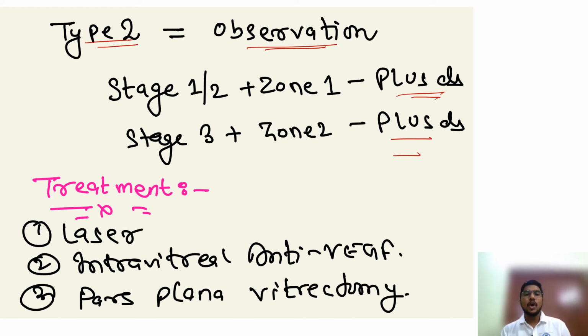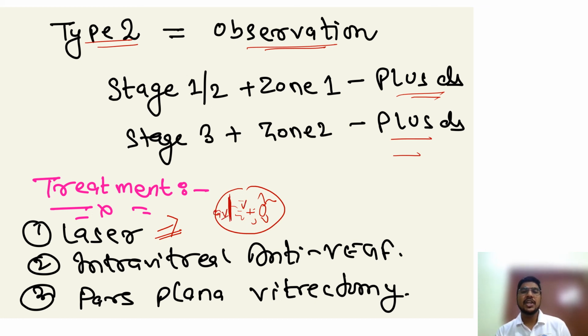So if we require treatment of the patient, what are you going to do? The first thing is laser. Where are you going to laser? Suppose there are blood vessels here, and here is the junction of vascular and avascular retina.